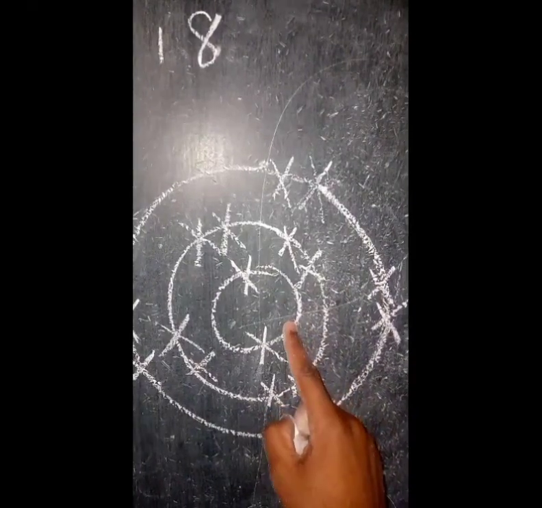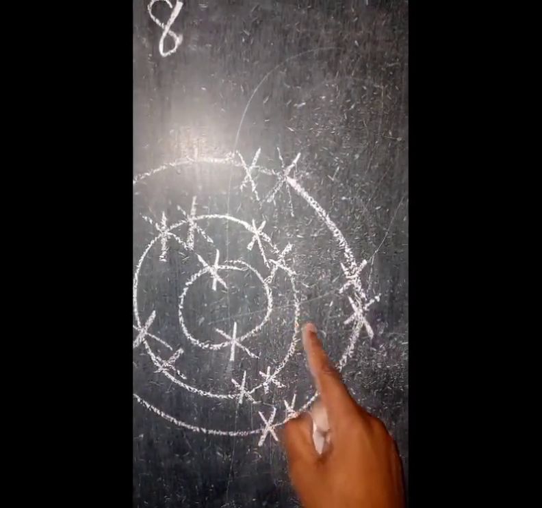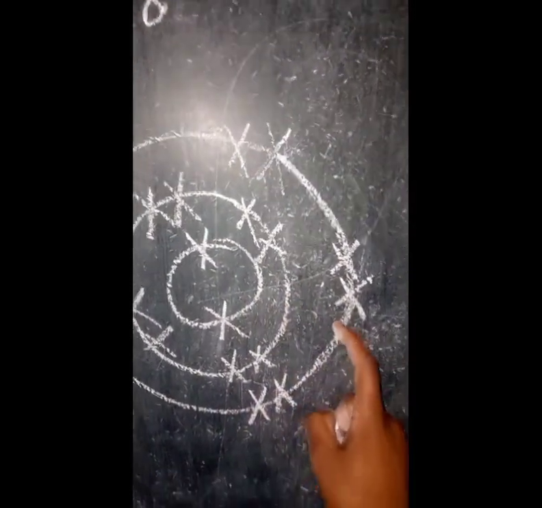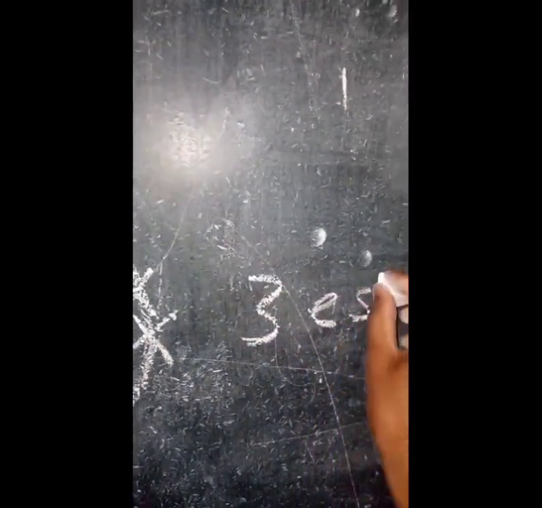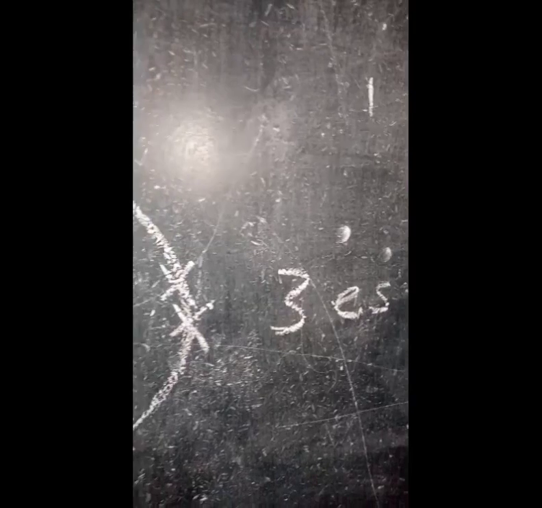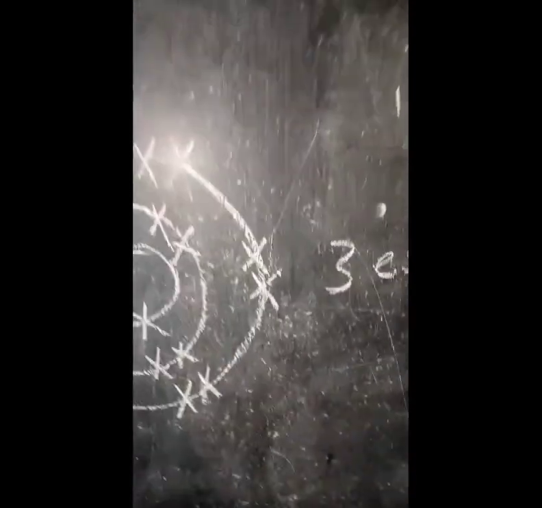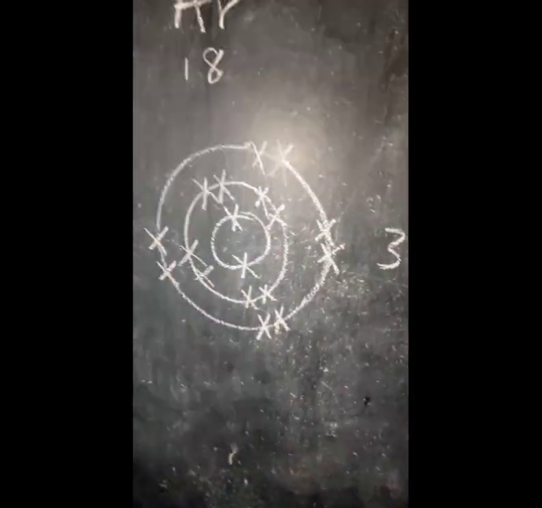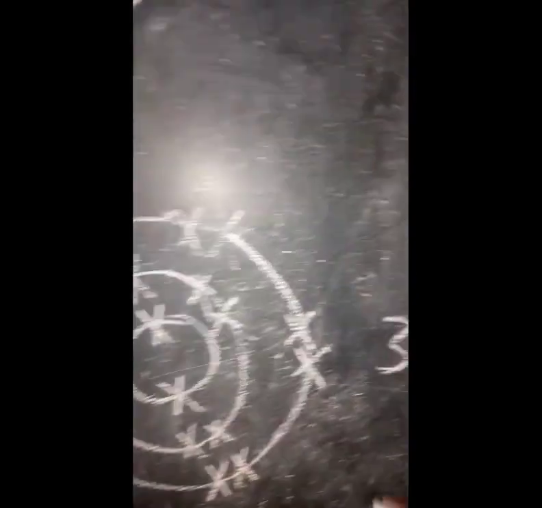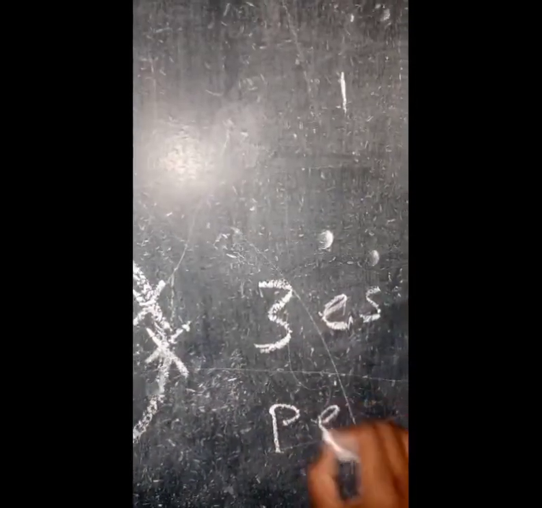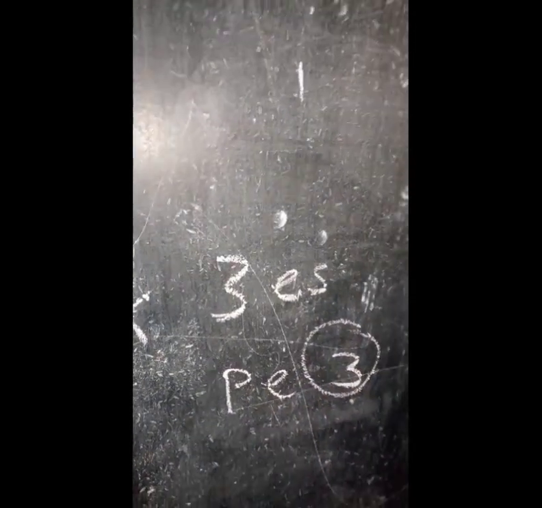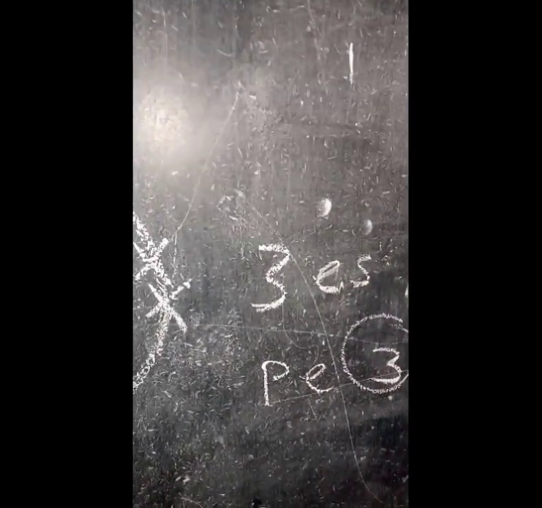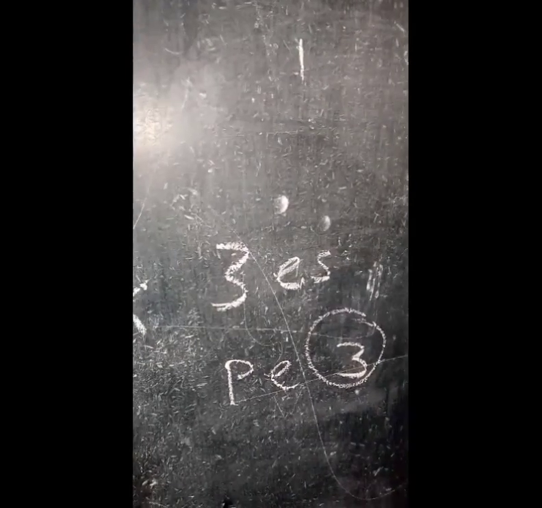We have 1 electron shell, 2 electron shells, and 3 electron shells. So 3 electron shells. In what period of the periodic table do we find argon? We find it in period 3.